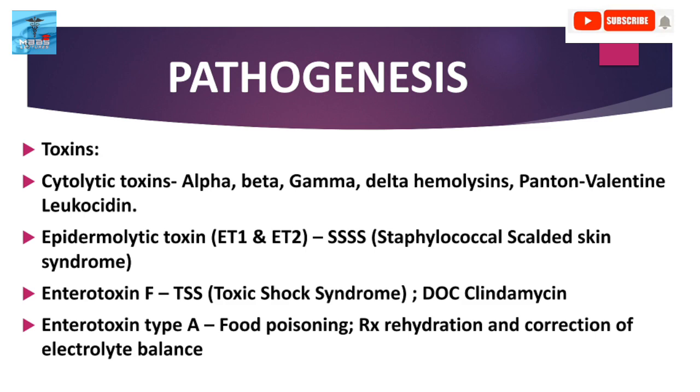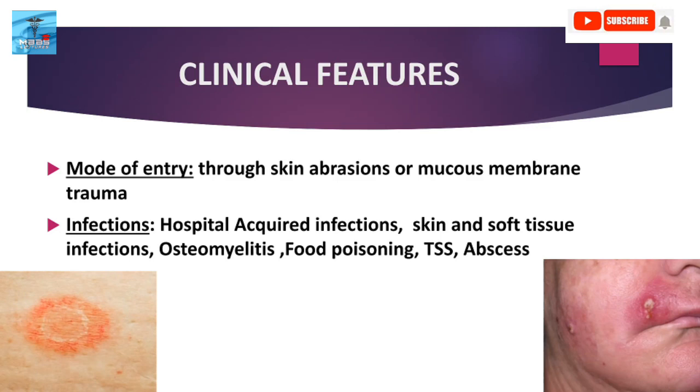Here the treatment is rehydration and correction of the electrolyte balance. Then about clinical features. Here the mode of entry of bacteria is through skin abrasions or mucous membrane trauma. And the infections include hospital acquired infections, skin and soft tissue infections, osteomyelitis, food poisoning, toxic shock syndrome, abscess, etc.